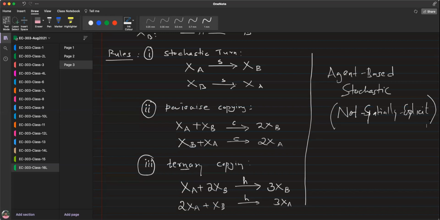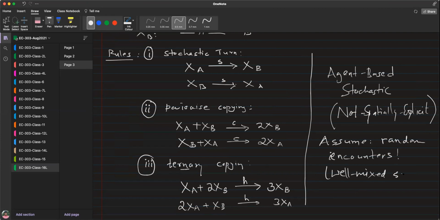So therefore, who are these individuals? You just assume random interaction, random encounters. You assume random encounters. Is that fine? It's the same as saying mean field, a well-mixed system.